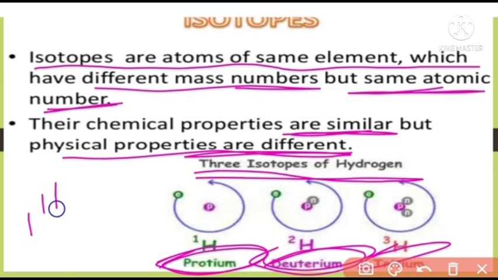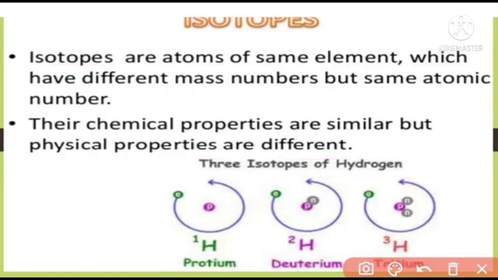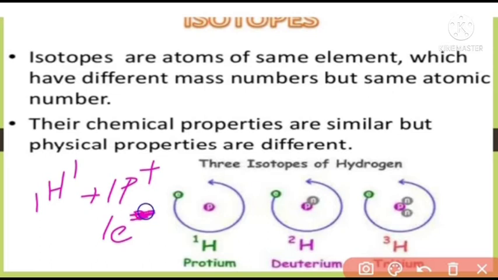Protium is represented by the symbol 1H1, this is normal hydrogen. Deuterium is an isotope of hydrogen, 1H2. Tritium is represented by the symbol 1H3. Protium 1H1 has 1 proton, 1 electron and 0 neutrons.